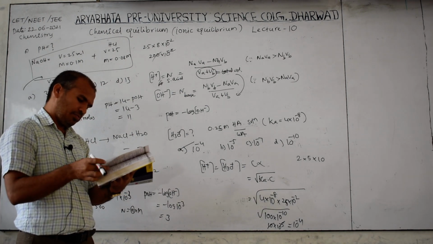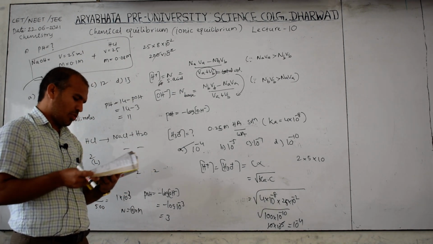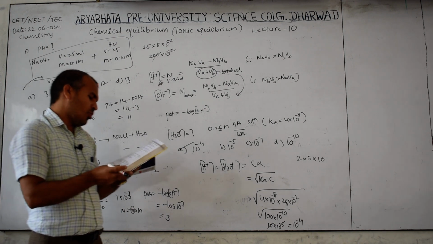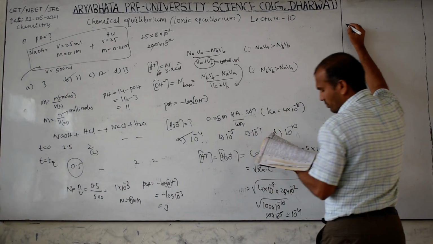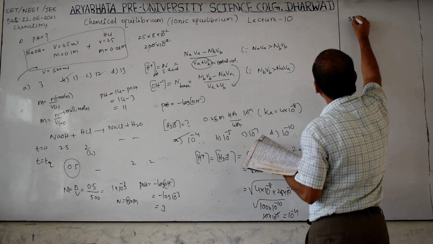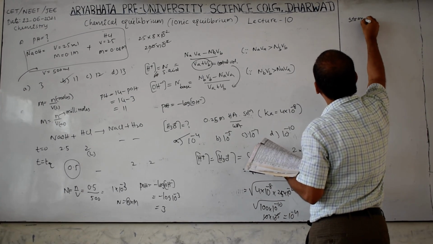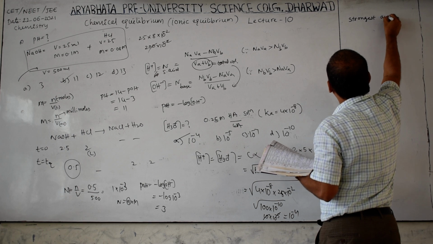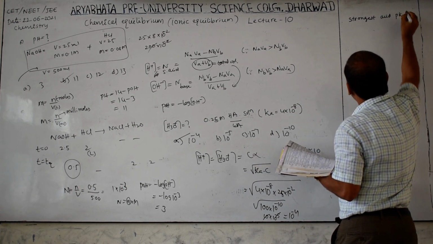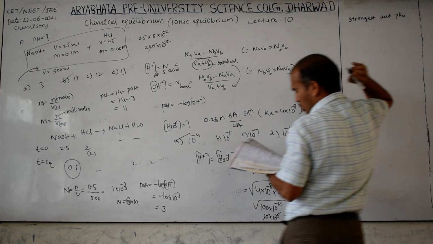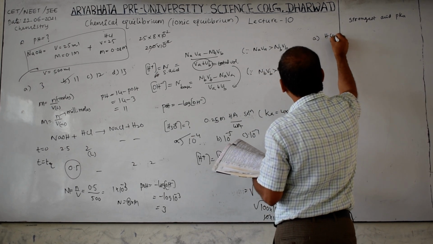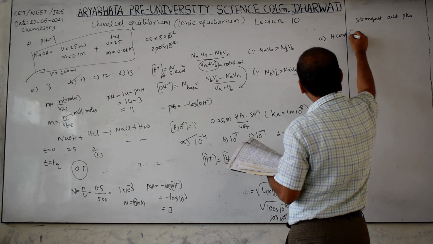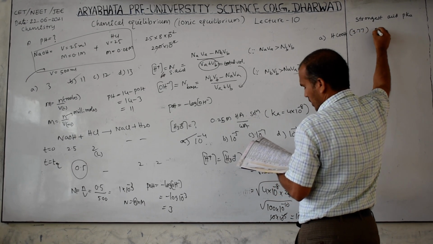Next, one question is given here. What is the strongest acid? pKa is given in the question. A, formic acid, pKa value is 3.77.